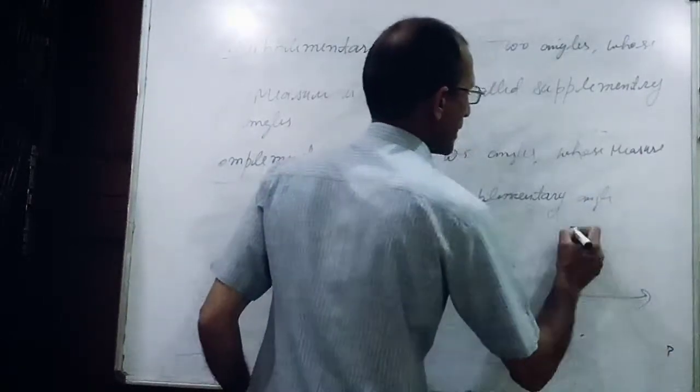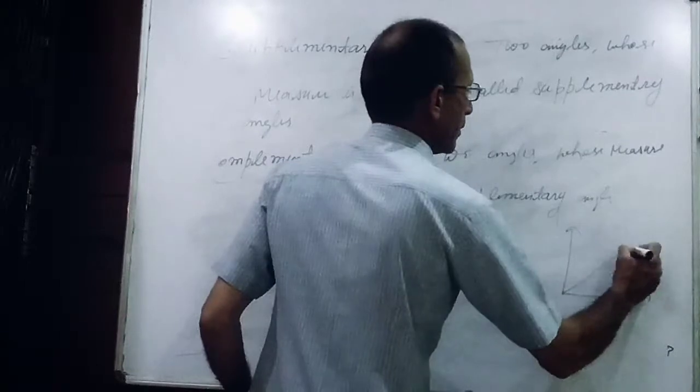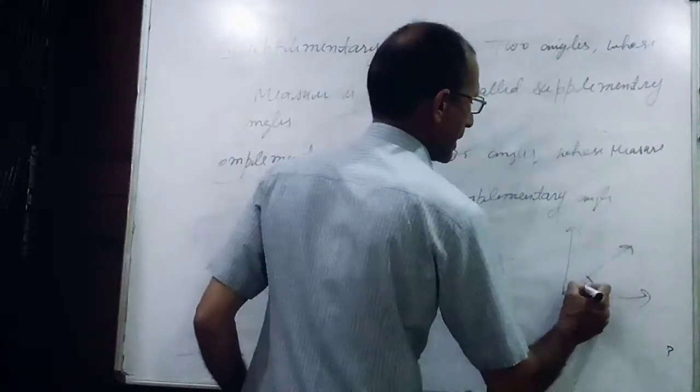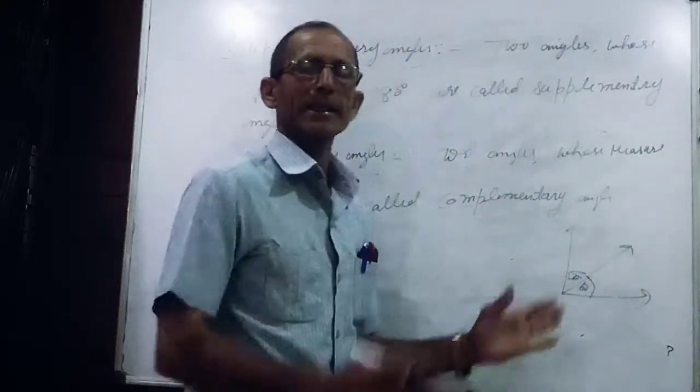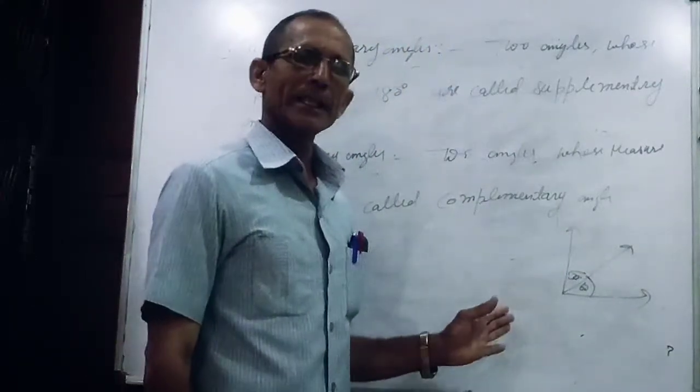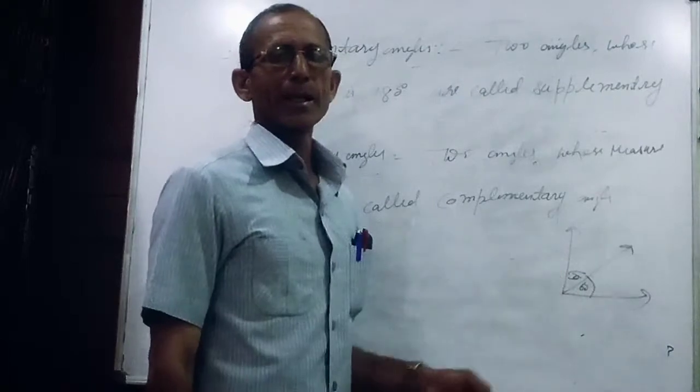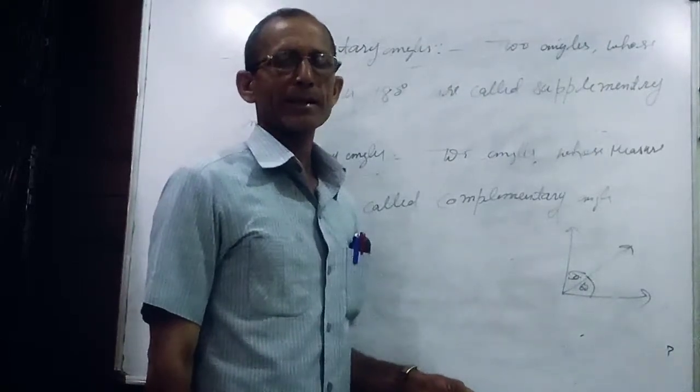These are two angles. One is 60 degrees and suppose one is 30 degrees. Their measure is 90 degrees in total. So these are called complementary angles.